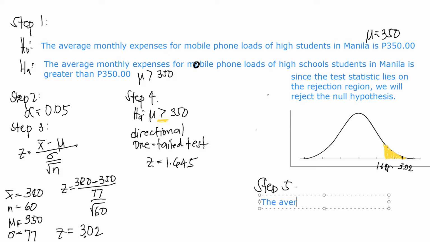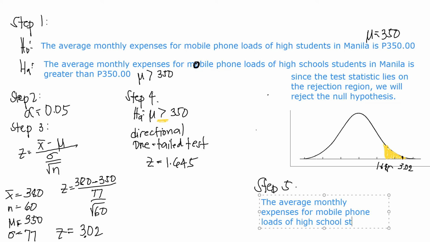So, the average monthly expenses for mobile phone loads of high school students in Manila is greater than 350 pesos.